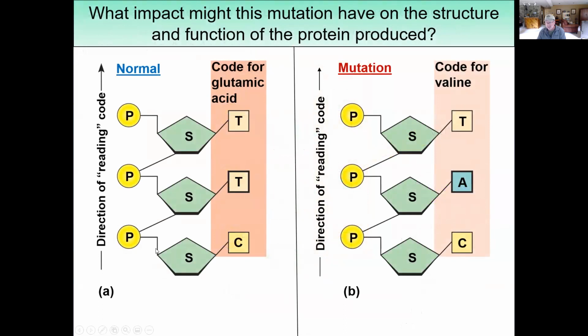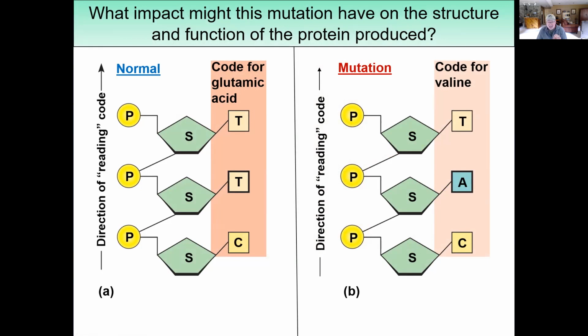being represented. So if you look up CTT, you'll see glutamic acid. If you look up CAT, you're going to see it codes for a different amino acid altogether, valine instead of glutamic acid. And you might say, well, okay, we're bringing in one different amino acid. What difference could that possibly make? Well, it depends. Lots of things can influence this.